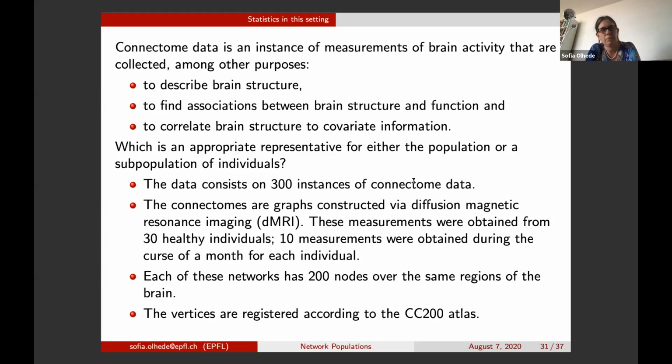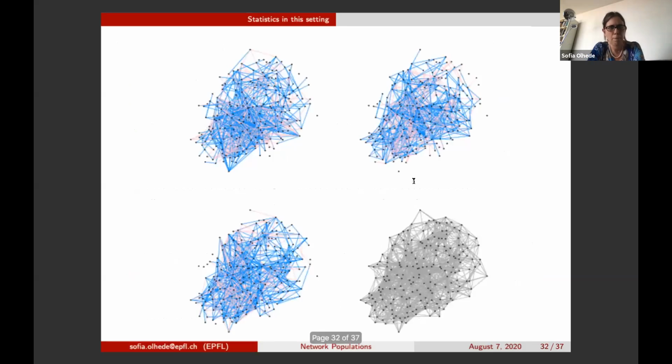The measurements are obtained from both healthy and non-healthy individuals. And we have not 18 nodes, we have 200 nodes. And of course, again, for the vertices to map across in this setting, we need to register the vertices, but we've used standard methods to do that.